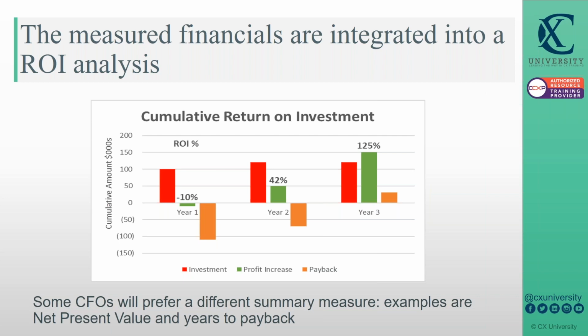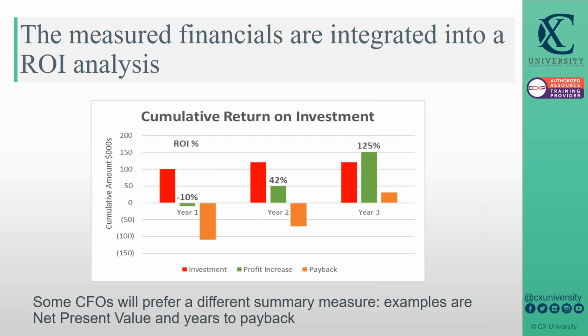And all those numbers need to be pulled together into a chart like the one I'm showing here, where you're tracking the investment, which are the red bars over your years, and the green bars, which is the profit. In this case, I'm showing cumulative profit up to that time. So in the first year, you're starting with a $100,000 investment, but you lose some money, say 10% of that.